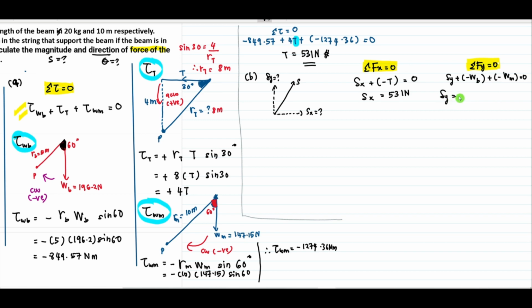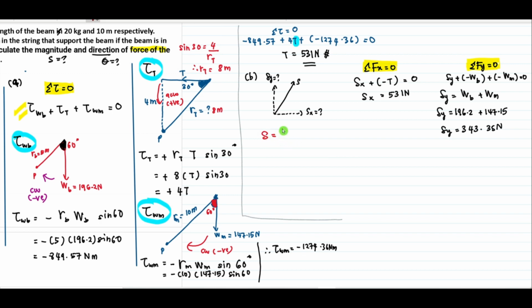So, Sy should be WB plus WM. Boleh. So, kita kira lah Sy itu berapa. Tadi kita dah tahu dah WB tu adalah 196.2 Newton plus 147.15. So, Sy you akan dapat 343.35 Newton.